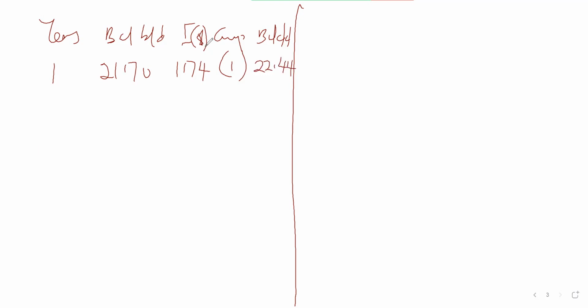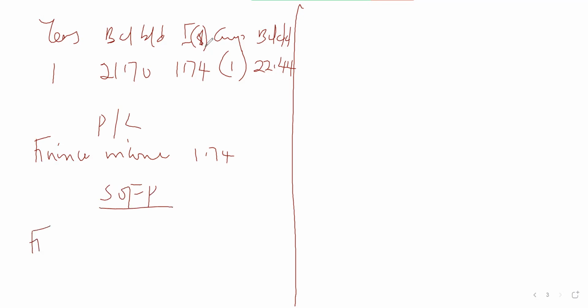In the profit and loss, the company will show a finance income of 1.74. In the statement of financial position, they will show financial assets as a non-current asset at 22.44. So the question is if you do it for only 1 year. So that is all.